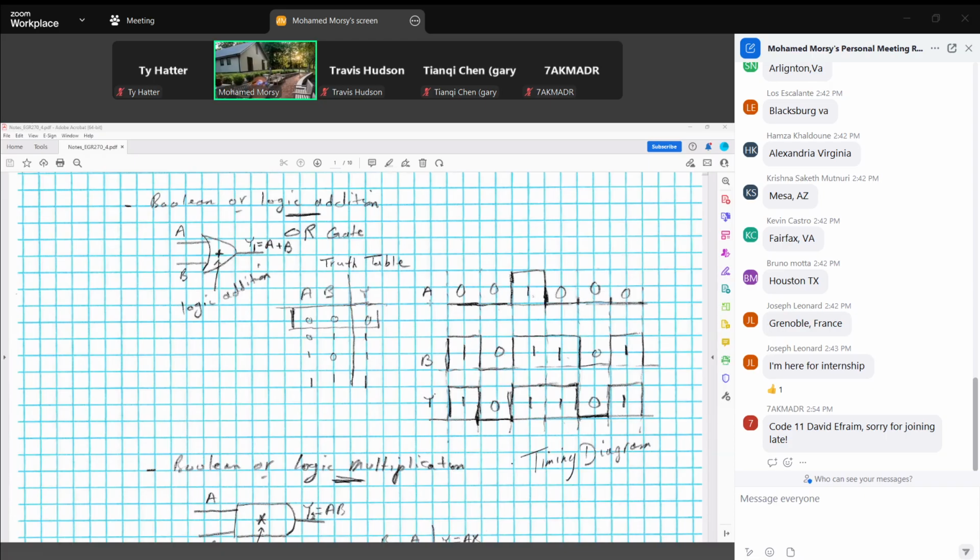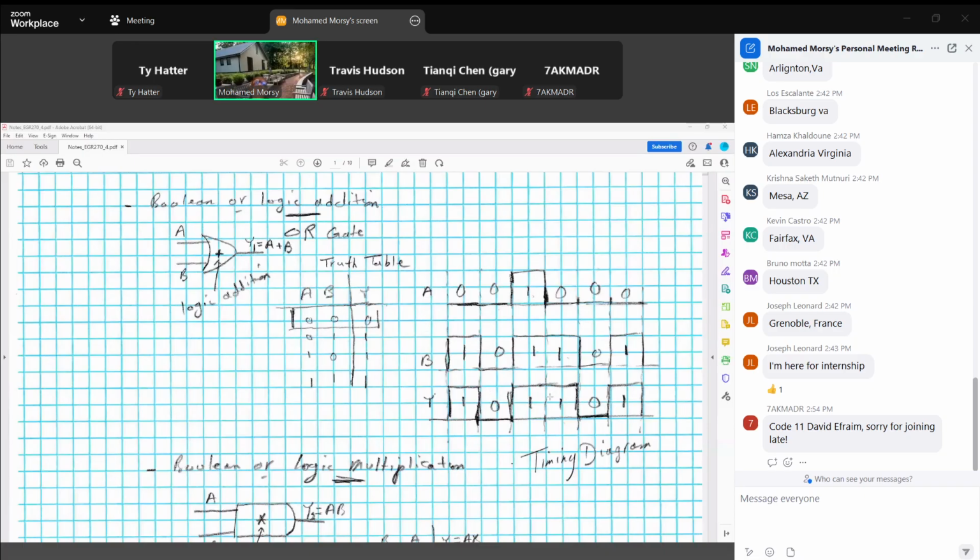If the input A is this stream of bits, 0, 0, 0, 1, 0, 0, the input B at the same time is 1, 0, 1, 1, 0, 1 simultaneously.